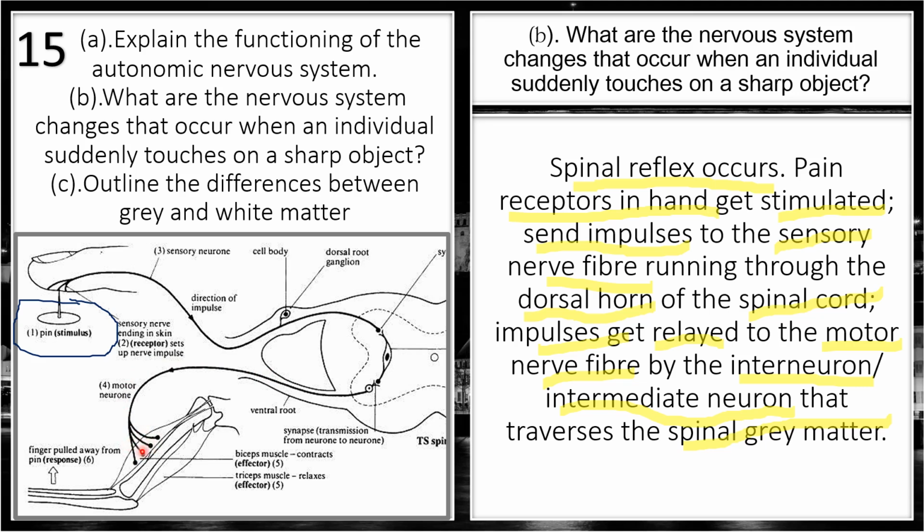Now here it is going to cause the biceps to contract and the triceps to relax, which is going to cause the hand to be pulled away from the pin, which is the stimulus.